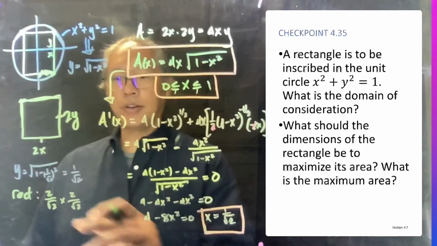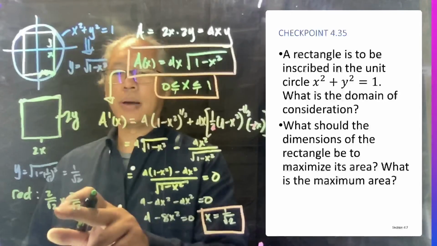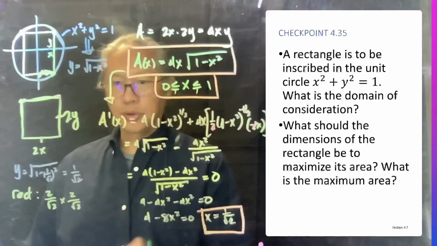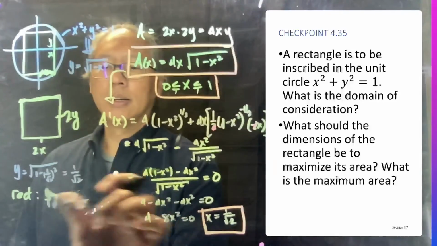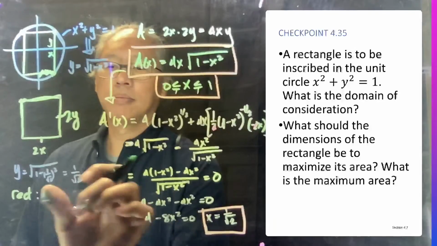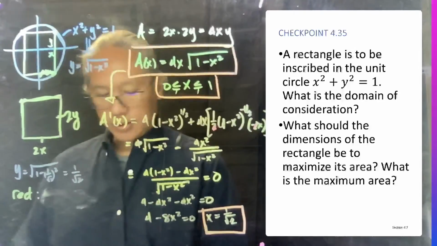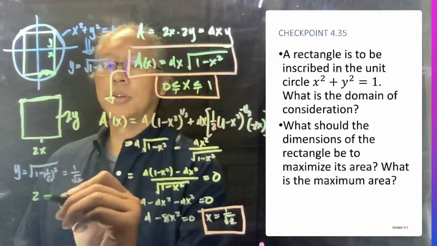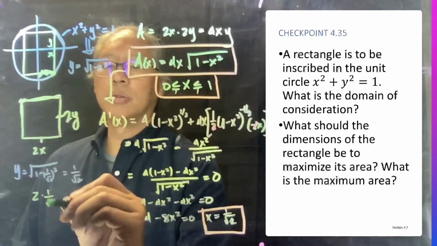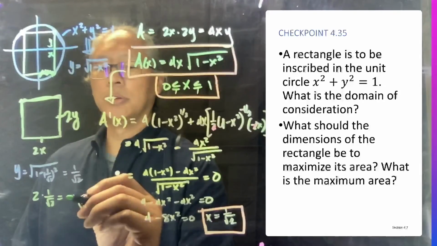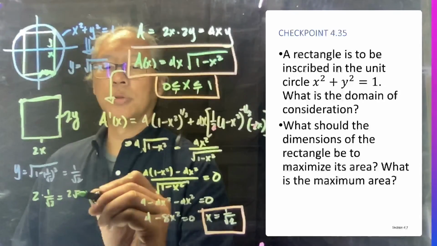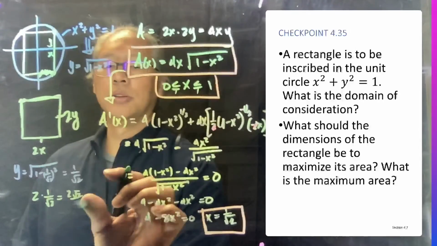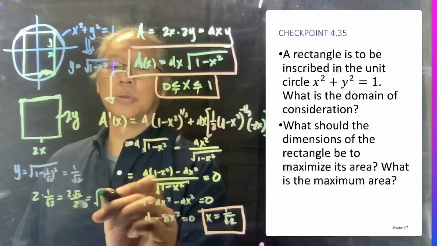If you rationalize the denominator, you'll just have a root 2. So let's write this a little bit neater. Let's first establish the fact that 2 times 1 over root 2 is going to be equal to 2 root 2 over root 2, or over 2, which is just going to be root 2.